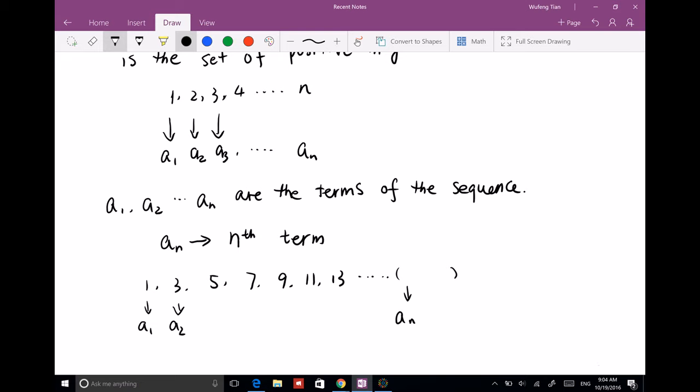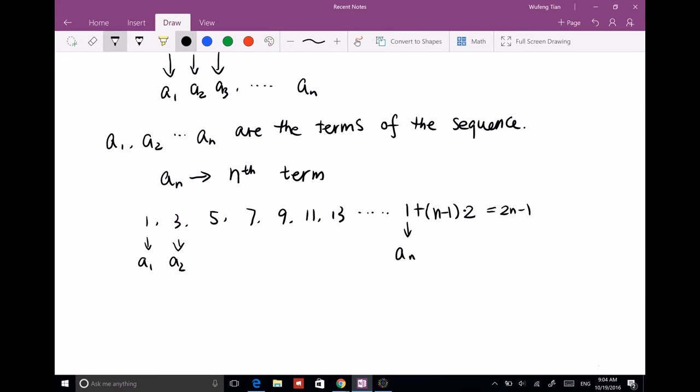So the nth term is the first term, 1, plus n minus 1 times the difference between each one, which is 2, so it's going to be 2n minus 1. That's the nth term.